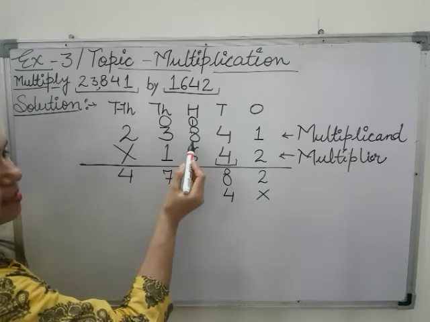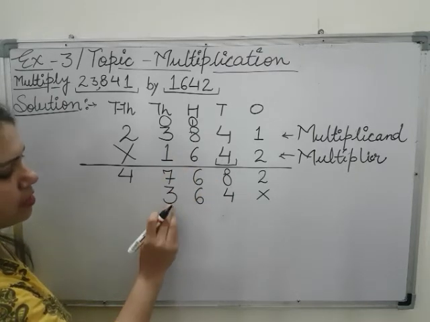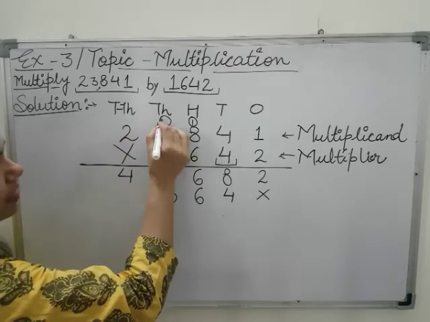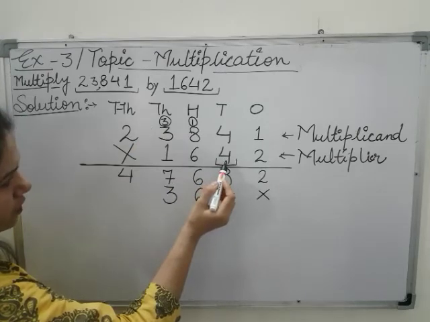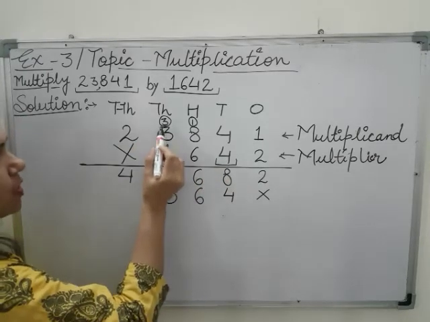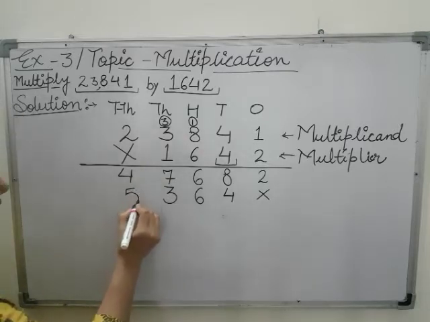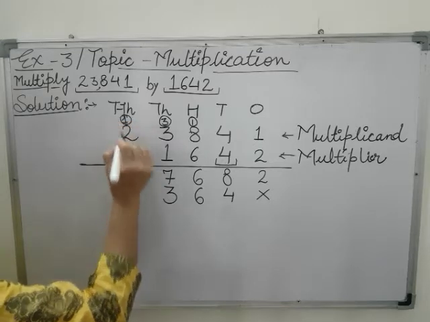Now 4 eights are 32, 32 plus 1, it's 33. So 3 over here, and again 3 carry which will be on the left place here. Now 4 threes are 12, 12 plus 3 is 15. So 5 over here and 1 carry which is here.